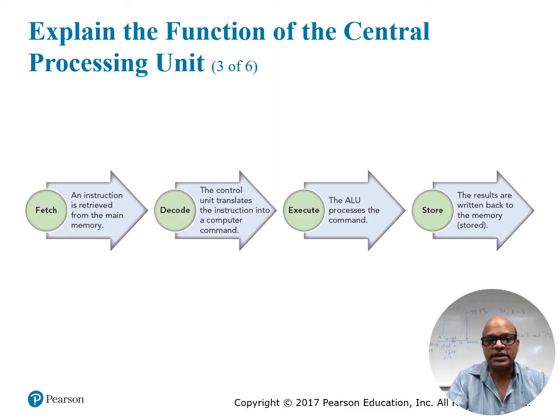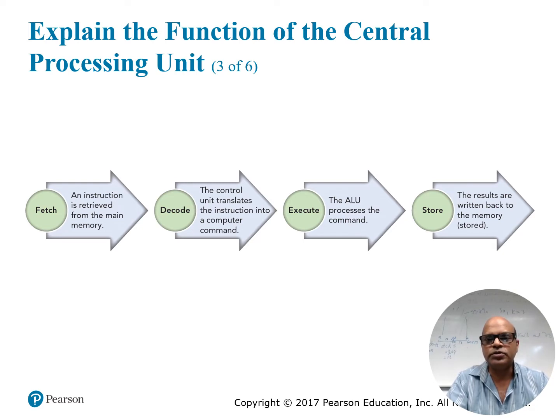Explain the function of the central processing unit. The instruction cycle or machine cycle processes each instruction in the CPU. During the fetch operation, the instruction is retrieved from the random access memory, RAM. Remember, I spoke to you about RAM and ROM, read-only memory. Note the difference between the two.